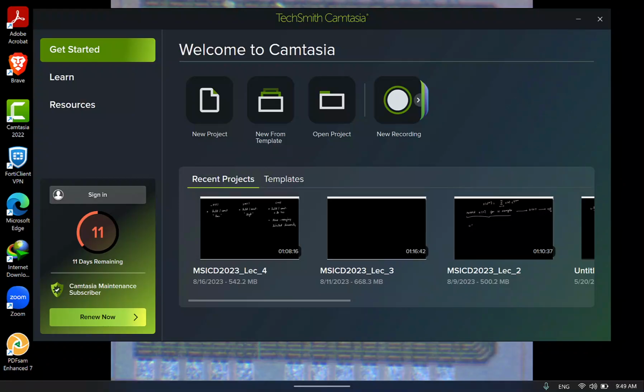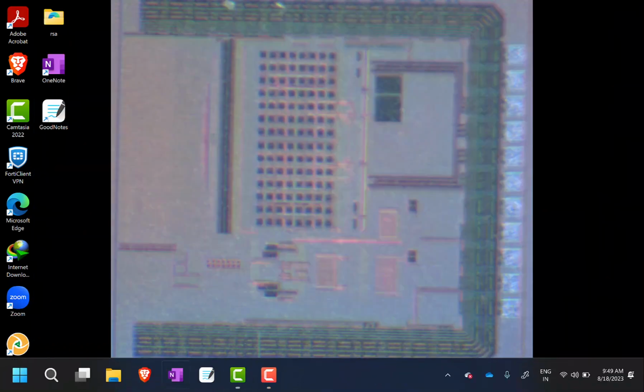Just a second, let me close and open and see. Ooh, it's really slow.